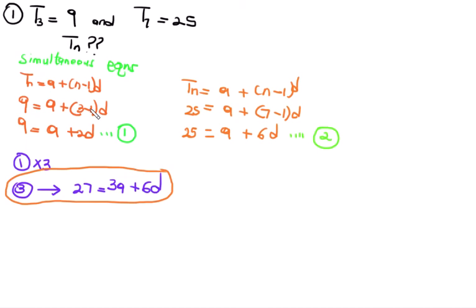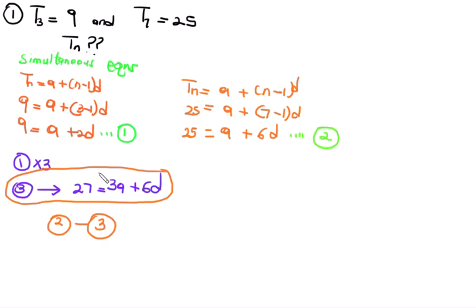So from here, if we simply take equation 2, and from equation 2 we minus equation 3, or you can do it the other way around. Even the previous steps you could have done in any other way. So we're going to take equation 2 and minus equation 3. So when we do that, this will be 25 minus 27.